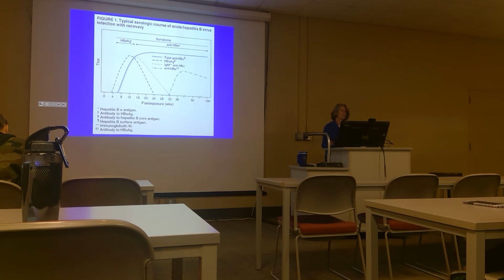Back up. 3 antigens: surface antigen, core antigen, E antigen, which is also in the core. Then there's 3 corresponding antibodies. So there's a hepatitis B surface antibody, a hepatitis B core antibody, and a hepatitis B E antibody. Okay. So that's like point little 1 here.